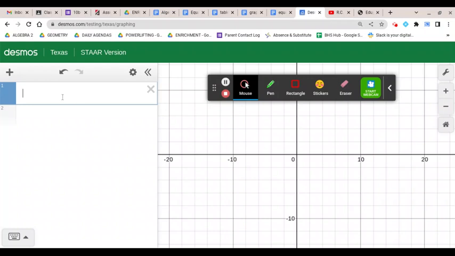So again, we'll come into our first row right here. Hit the plus sign, table.